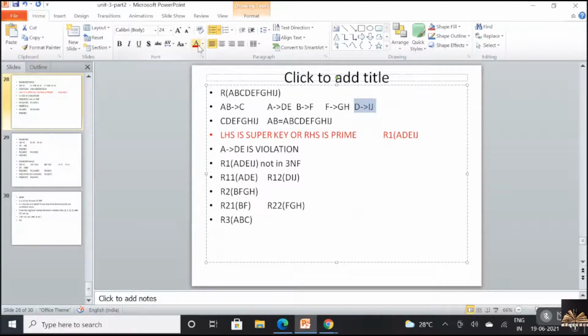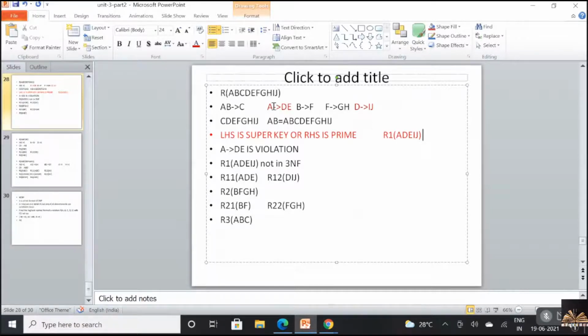I'll just mark it with red. Is there anything else? No. The FDs being covered are A implies DE and D implies IJ.